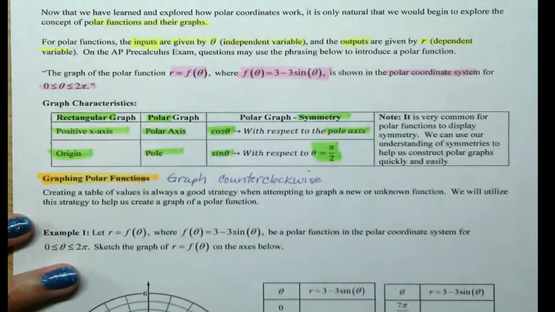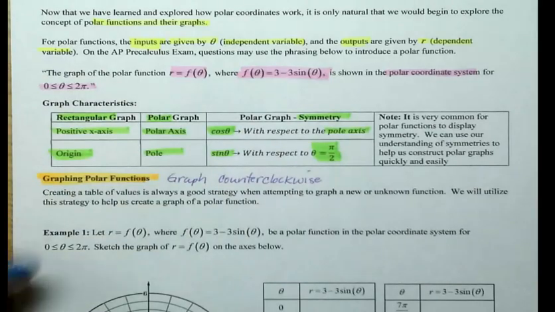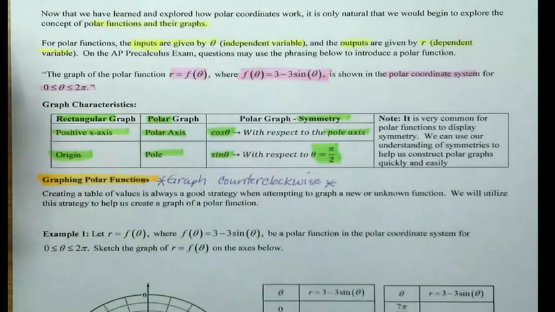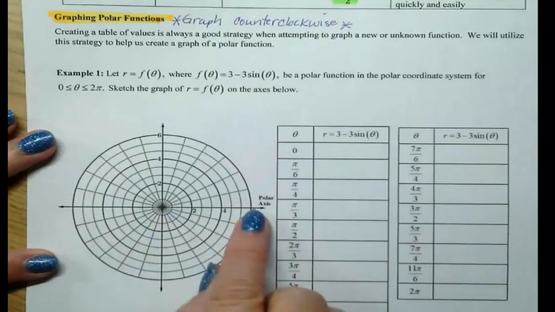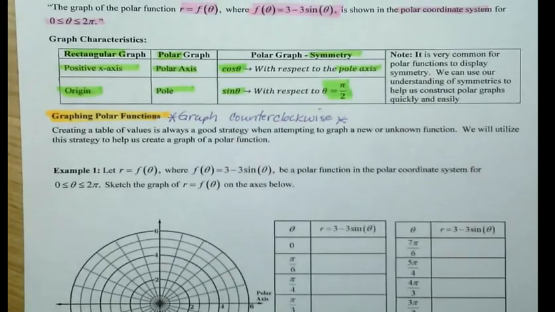So when we start a graph, we start here and then go around the circle this way. We always start at the positive x-axis, or the polar axis, which was over here. So it's important to be mindful that we're going counterclockwise.